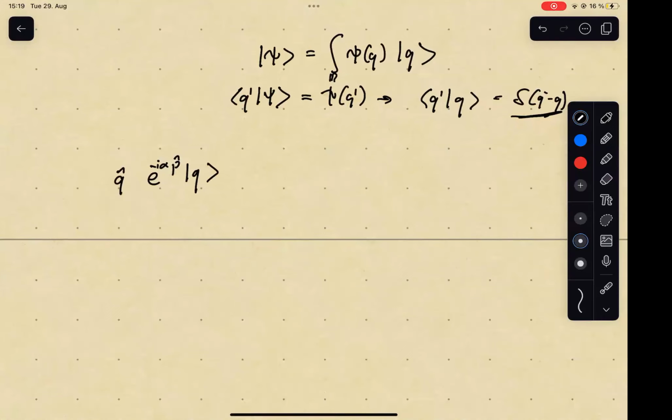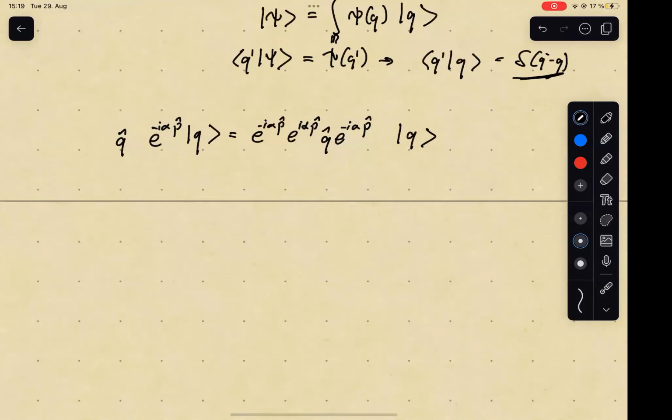Okay, let's do this. I insert an identity: e to the minus i alpha p, e to the i alpha p, Q, e to the minus i alpha p. This is now the q state. Here I can use BCH essentially, or Hadamard's lemma, right? Like the adjoint. This here is equal to e to the i alpha p applied to the Q operator.